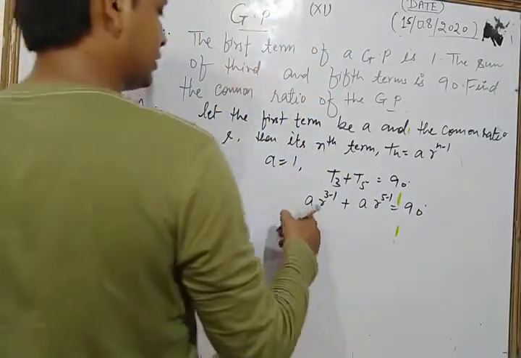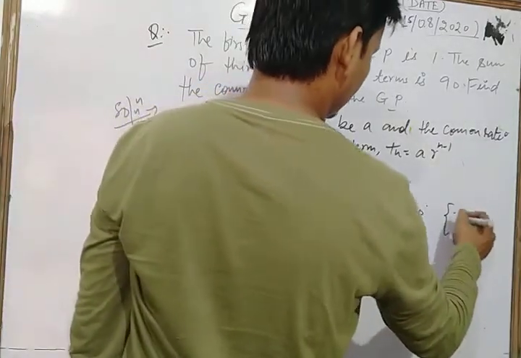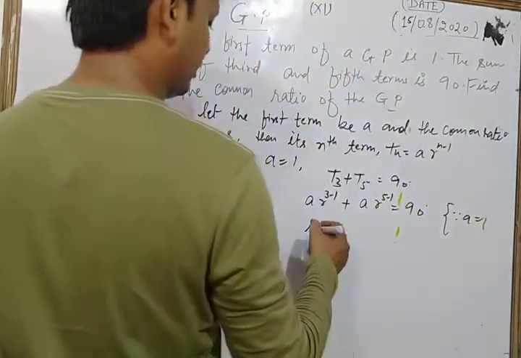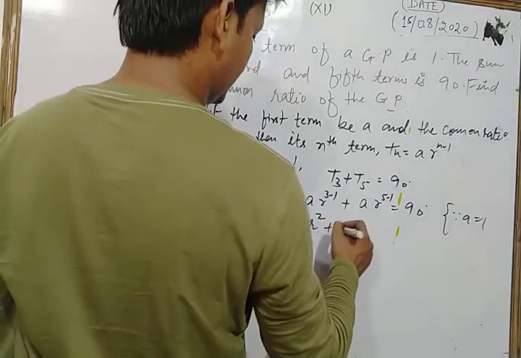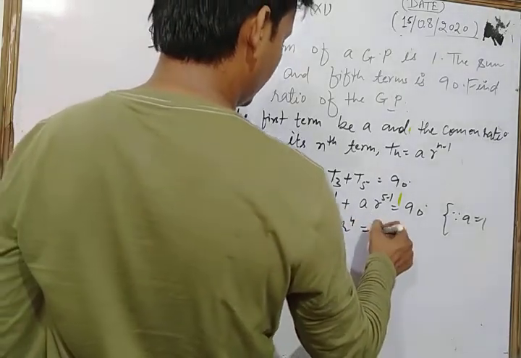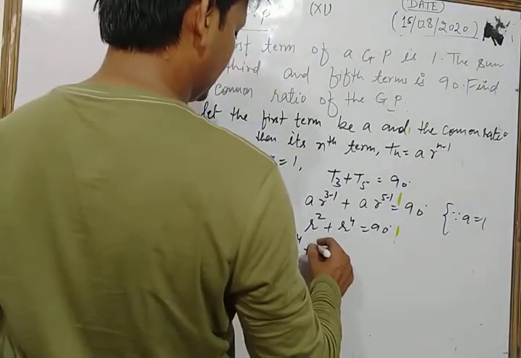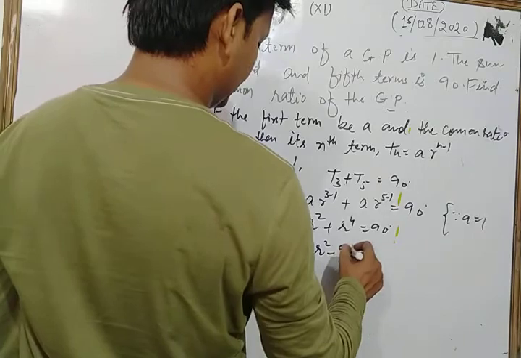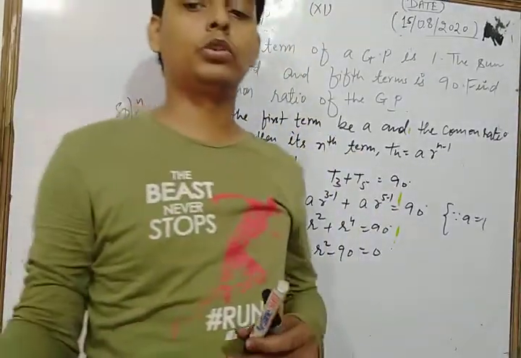Since A is 1, we have R square plus R to the power 4 is equal to 90. So we write R to the power 4 plus R square minus 90 is equal to 0.